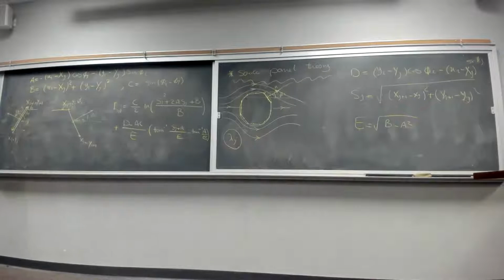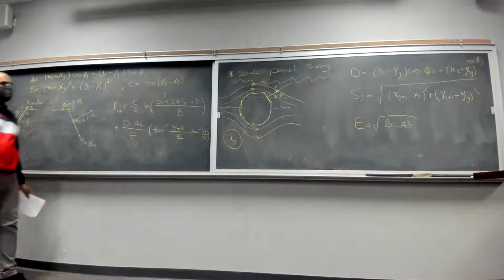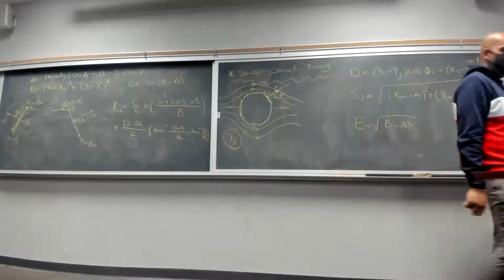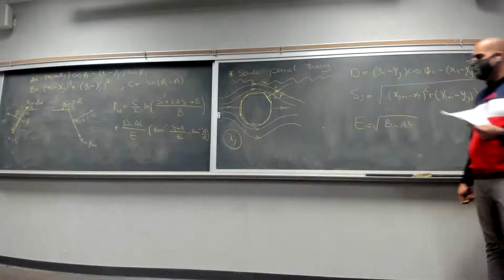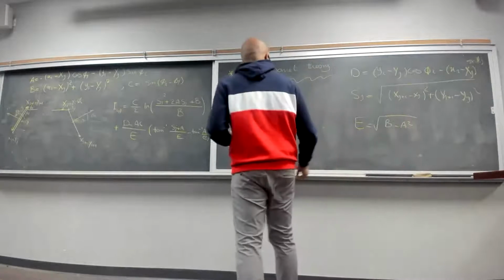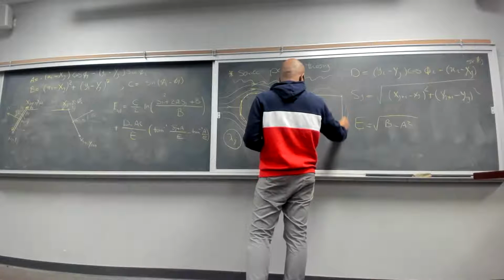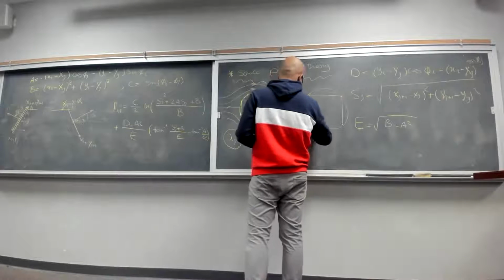Okay, so let's see how these would look at this specific problem. Let's do the problem in your homework. The same circle, only 4 panels. The direction of these panels you can choose.